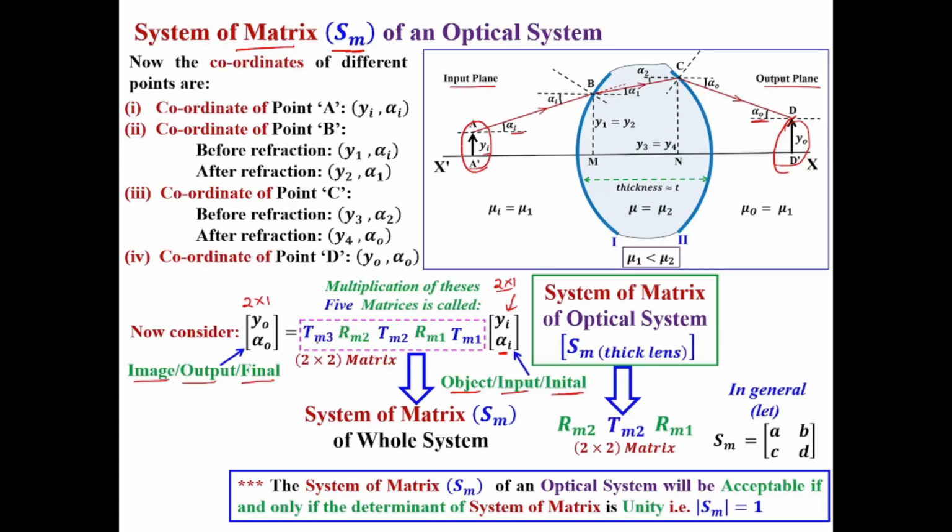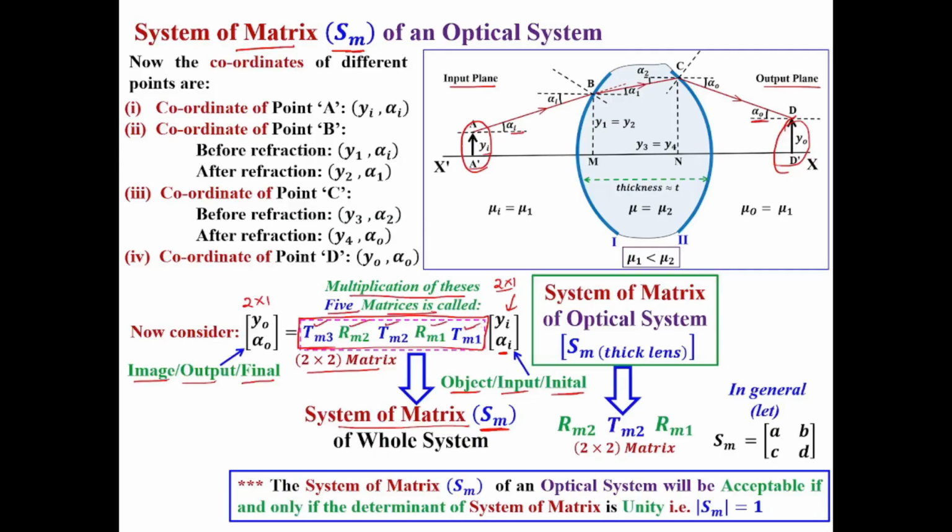Here you can see 5 matrices are multiplied, forming a 2 cross 2 matrix called the system matrix. So here SM, the system matrix, is nothing but the multiplication of these 5 matrices: translation, refraction, again translation, refraction, and another translation.